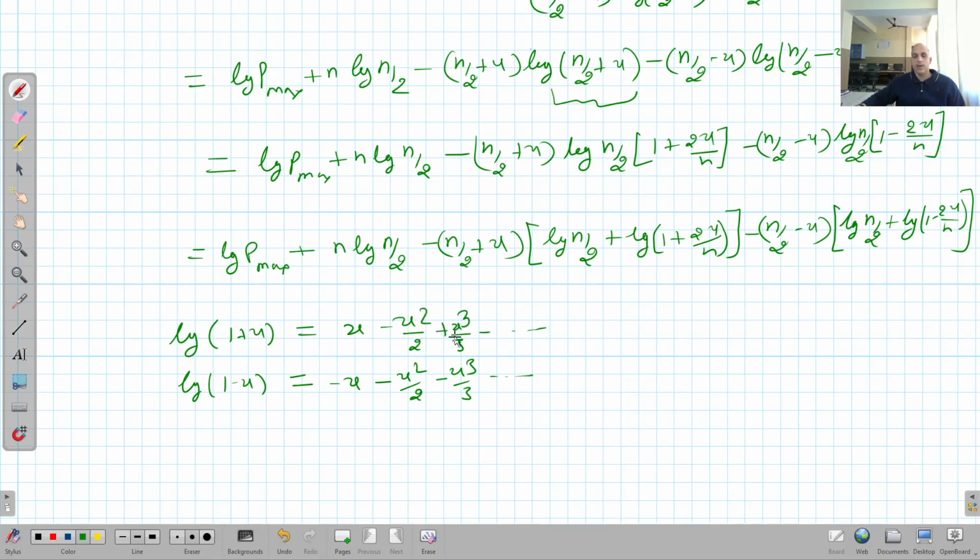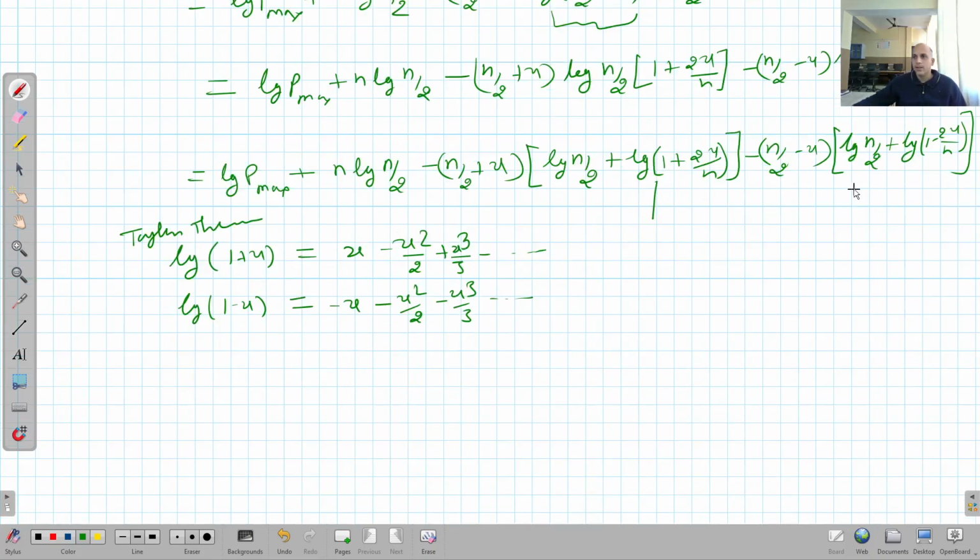I will show you why we are doing so. We have the term log of 1 plus 2x upon n, so it will become 2x upon n minus (2x upon n) square divided by 2, meaning 1 by 2.